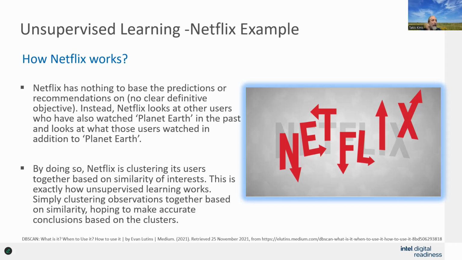So what they're doing, and this is their strategy, is clustering the users based on similar interests and really behaviors. Simply clustering observations together based on similarity, hoping to make accurate conclusions based on those clusters.